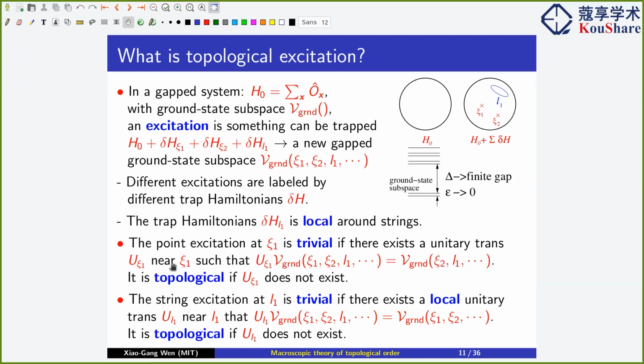So this is a formal way to define an anyon, using the equivalence relation of traps to define what you mean by anyon. This definition is very general, including both abelian anyons and non-abelian anyons, which I mentioned in the last lecture.